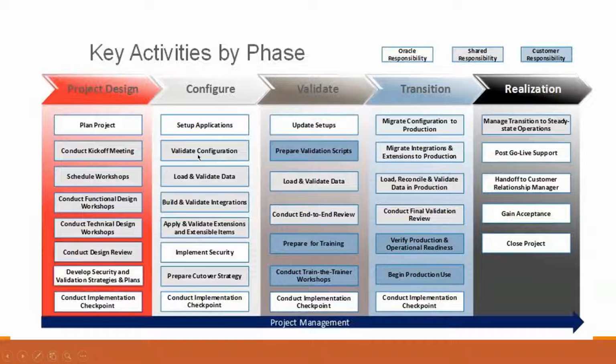Once it is done, we validate configurations. Internally, we validate, and validation means integration. Like I'm an expert in GL, so I created the primary ledger and opened the period. Then Mr. Kamath is an expert in accounts payable, so he will do his setup. Then he goes to AP to open the first accounting period.